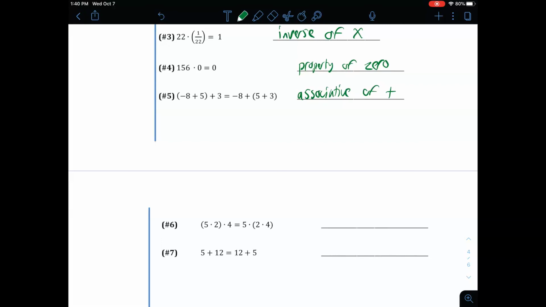So we're doing 5 times 2, the quantity of that times 4, equals 5 times the quantity of 2 times 4. So that one is going to be associative property of multiplication. And the last one, we changed the way we order these. 5 plus 12 equals 12 plus 5. That's the commutative property of addition.